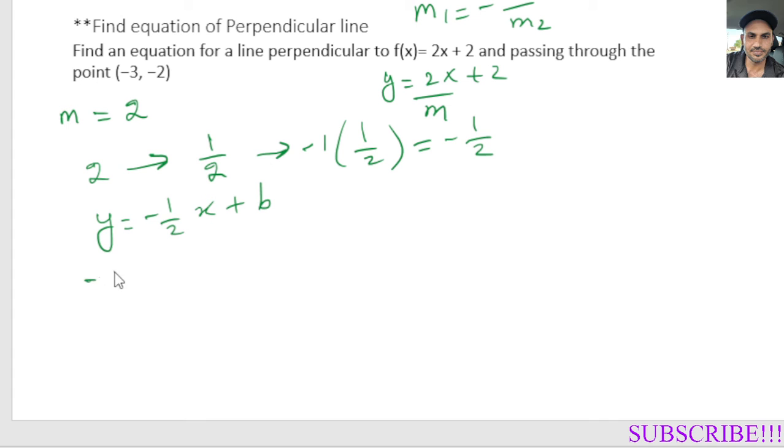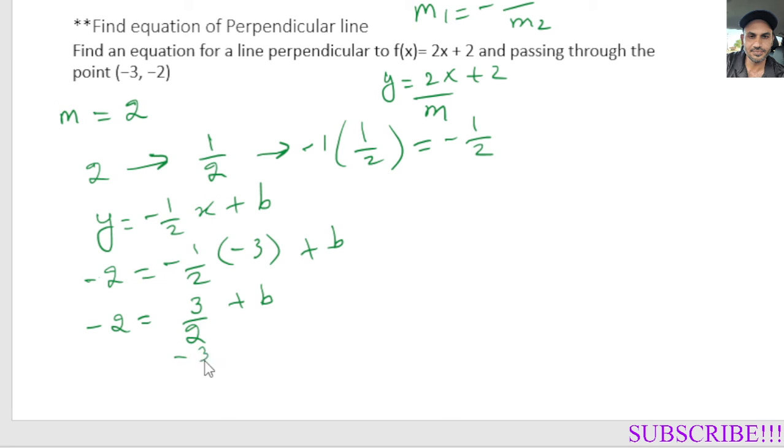So we plug in negative 2 for y, negative 1/2, and x is negative 3, plus b. So this is negative 2 equals, and when we multiply, negative 1/2 times negative 3 becomes positive 3/2, because negative 1 times negative 3 is 3, divided by 2, plus b.